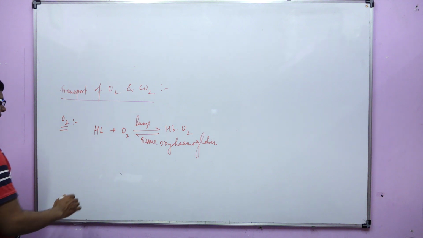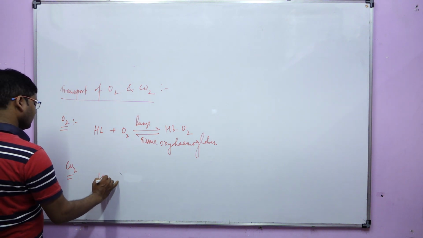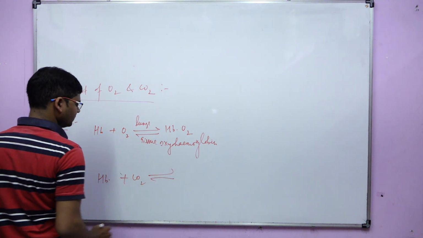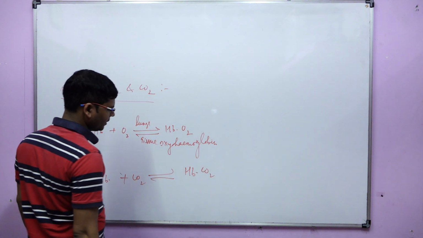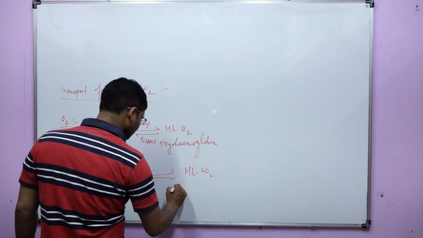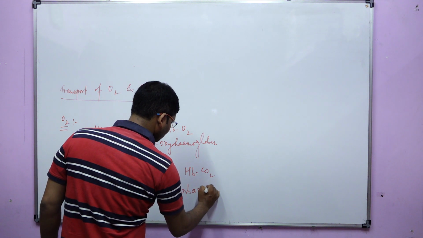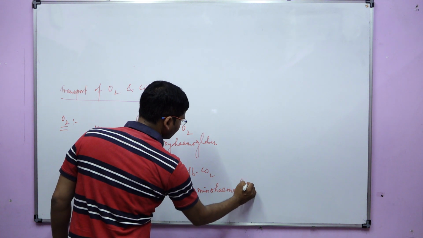Next one. What about carbon dioxide? Very little carbon dioxide combines, and it is called carbamino hemoglobin.